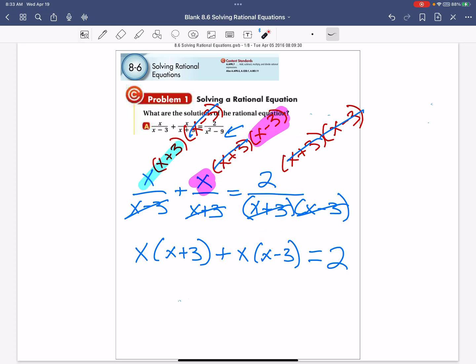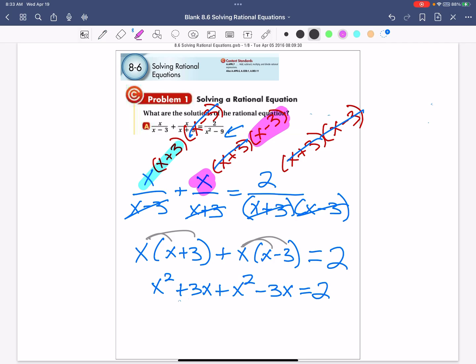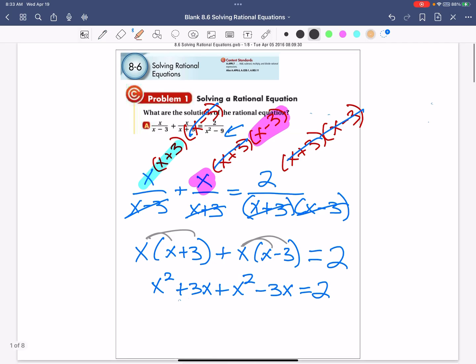So we're going to distribute into the parenthesis first. Don't forget to distribute to both parts of the parenthesis. That's the most common mistake students make. So here we get x squared plus 3x plus x squared minus 3x equals 2. So we're going to look here and combine the like terms. So we have x squared and x squared we can combine.